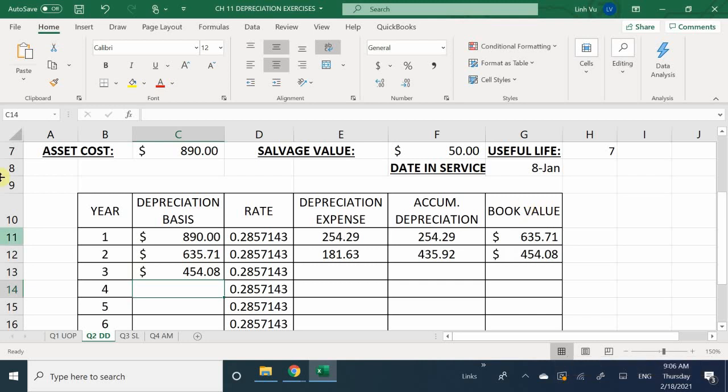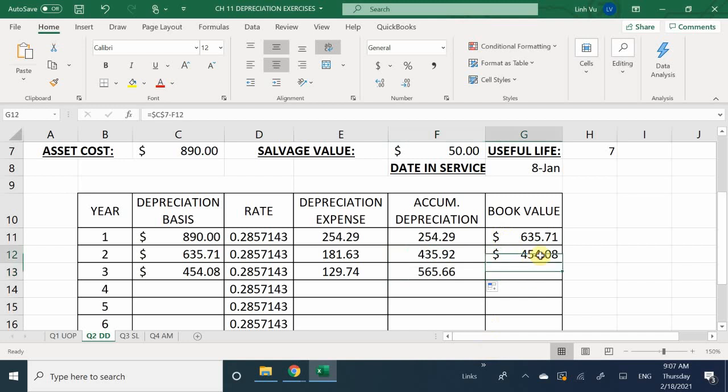Okay, so keep moving forward. What is my depreciation expense for year 3? 129.74. Good. And then what is my accumulated depreciation for year 3? 565.66. Good.